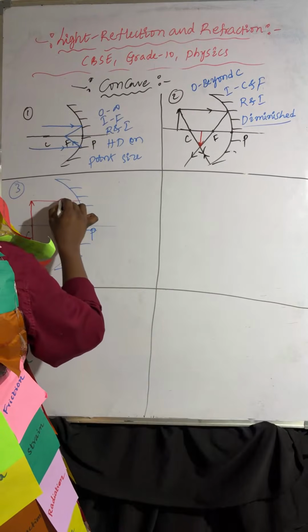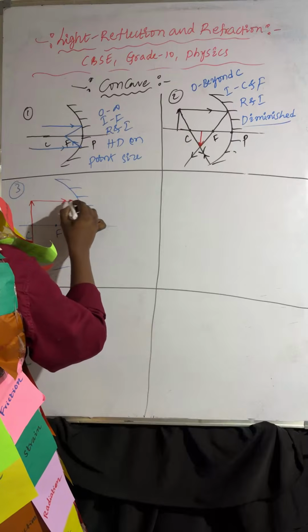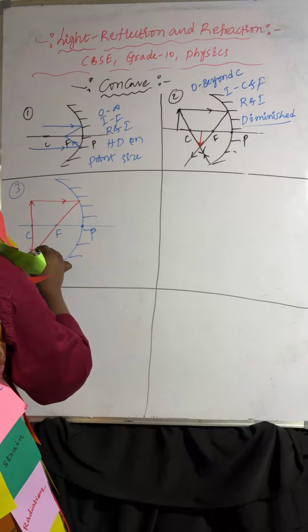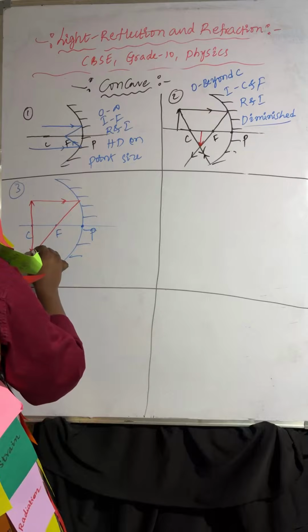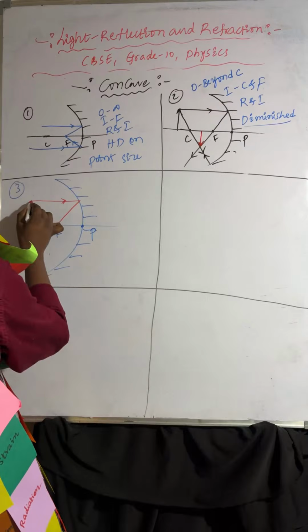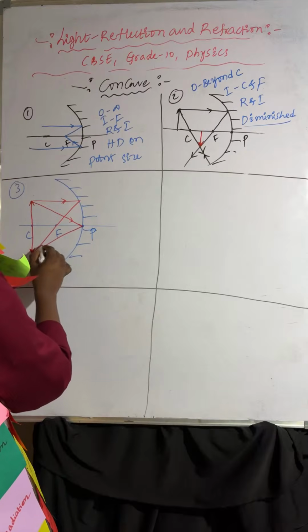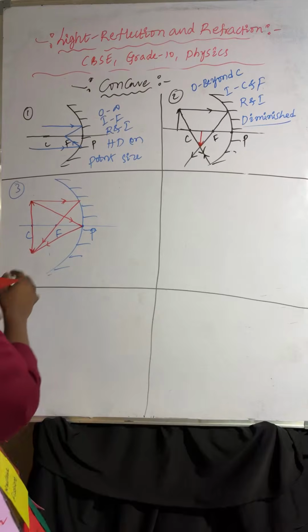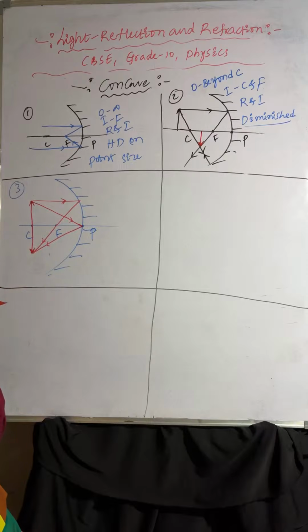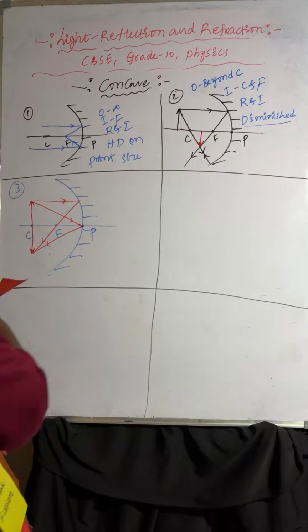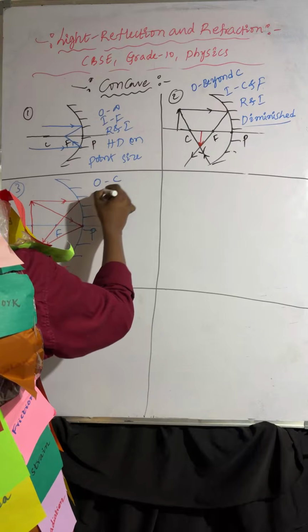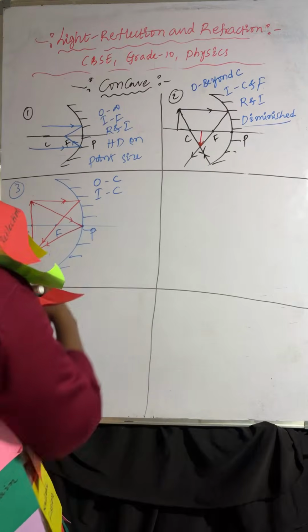One light ray I am taking like this; after reflection, it passes through focus. Another light ray is incident at the pole and reflects back. Object is placed at C, image also forms at C itself.